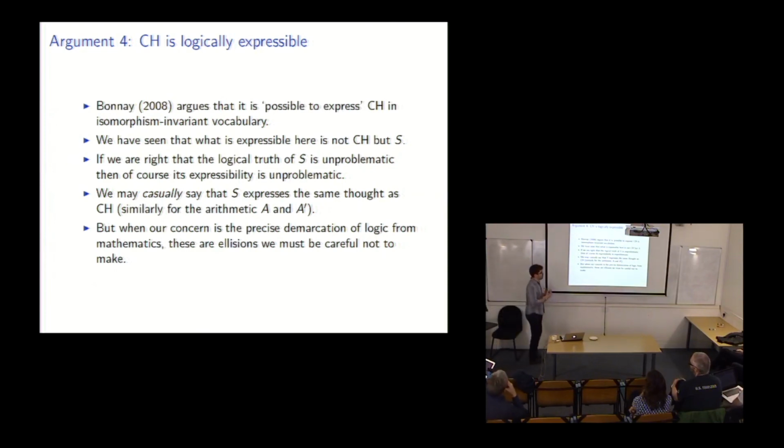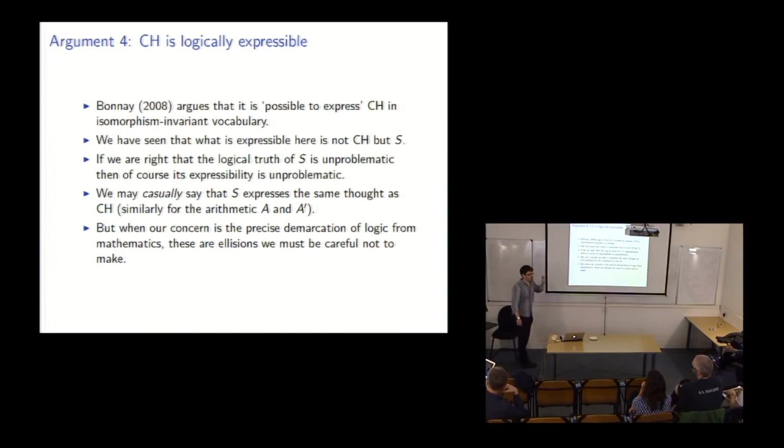Now here I think the response for the fan of isomorphism invariance is just to dig their heels in. What's expressible, we've seen, in isomorphism invariant terms is not CH, it's the sentence S. Now, no one thinks the expressibility of S is problematic, because if we're right that its logical truth is unproblematic, then of course its expressibility is, because if it's a logical truth, it's got to be expressible.